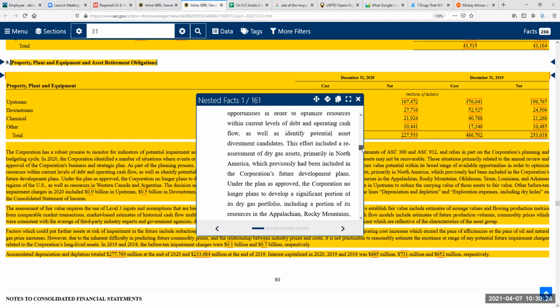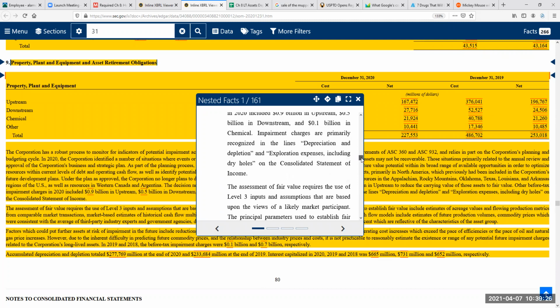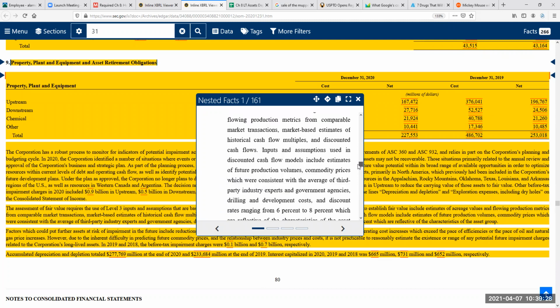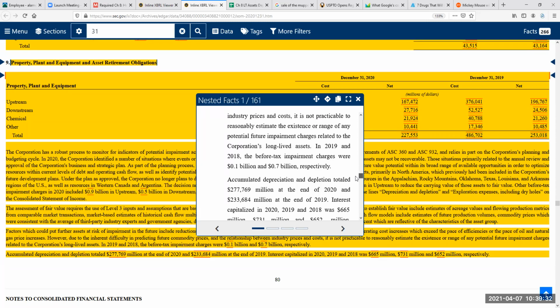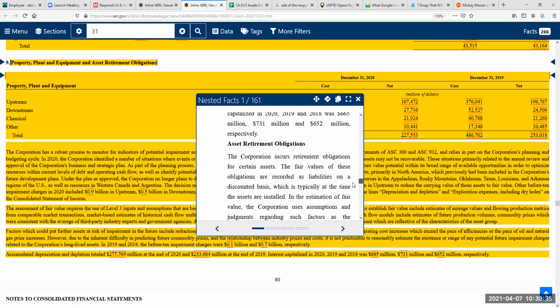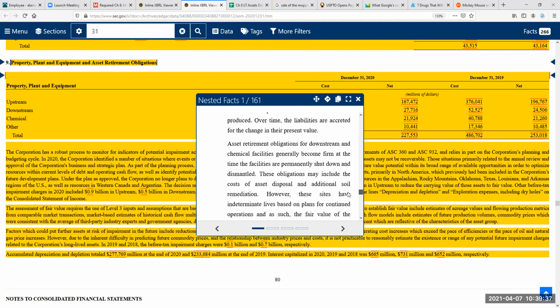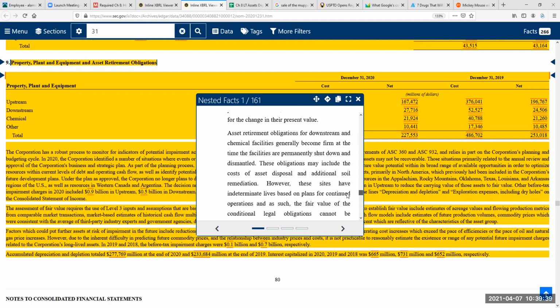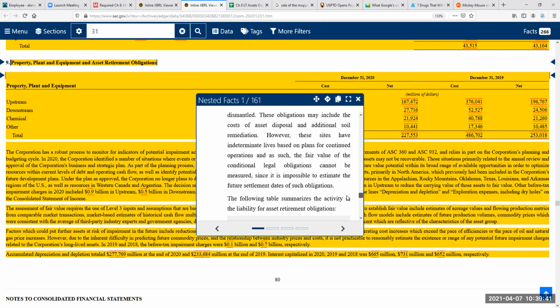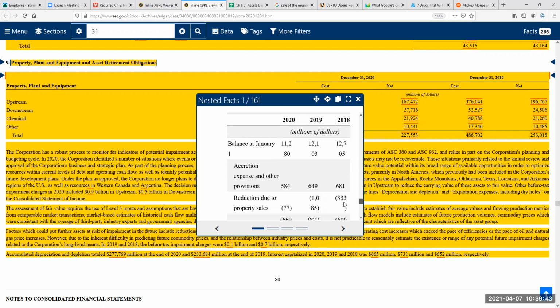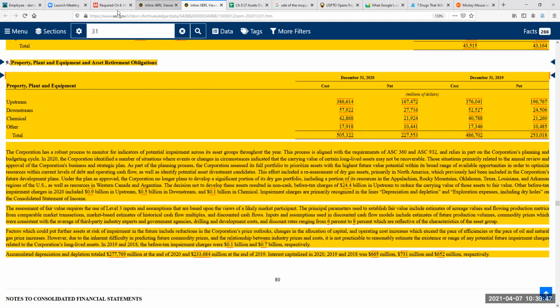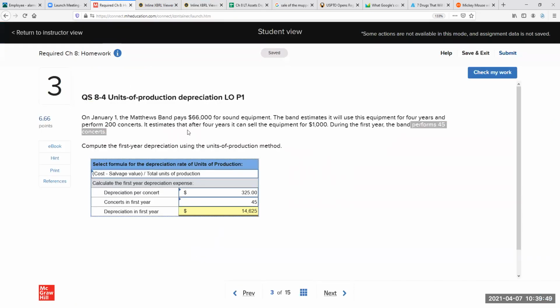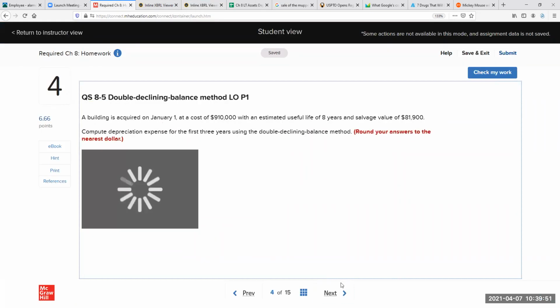It doesn't tell me the method, but I know they use units of production. It just doesn't mention it here. All right. Well, we'll go back. Anyway, that's how you do units of production.